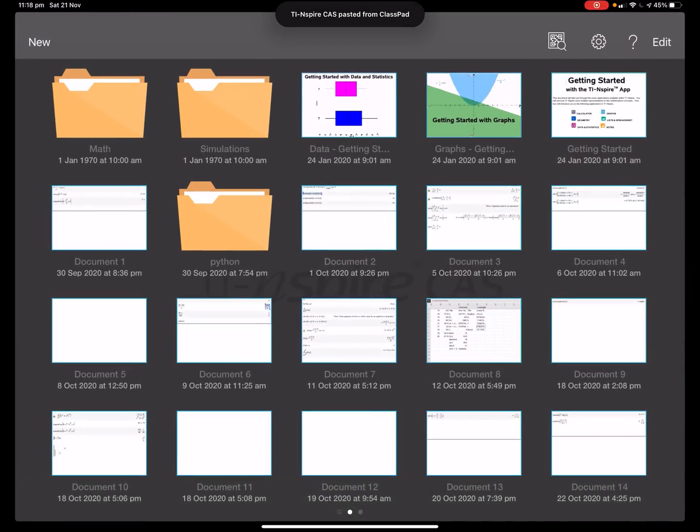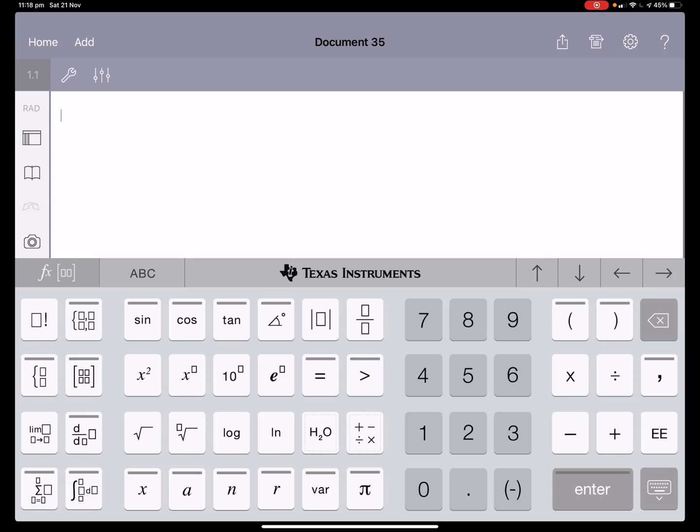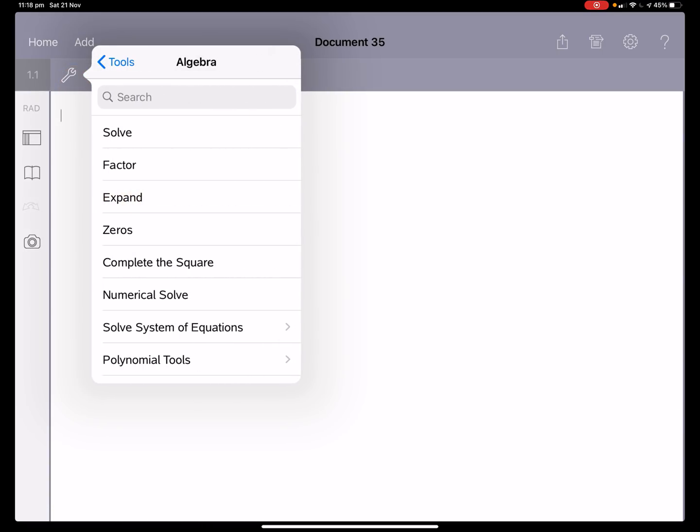What about if we solve it on the other CAS? Menu 3, 1.